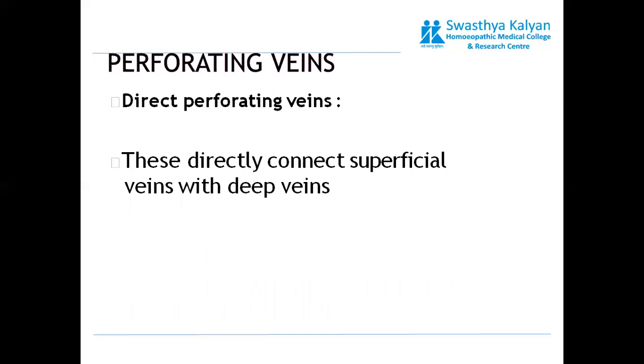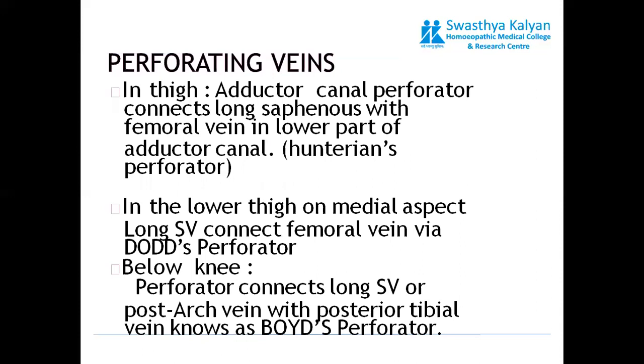To understand the perforating veins, we have their types, like the direct perforating veins. They directly connect the superficial vein with the deep vein. In the thigh, the adductor canal perforator connects the saphenous with the femoral vein in the lower part of the adductor canal, which is known as the Hunterian perforator.